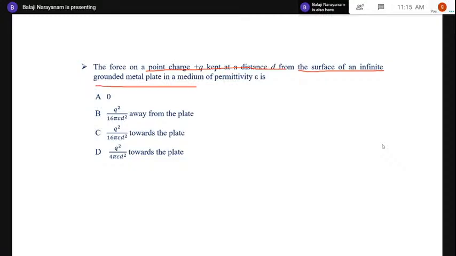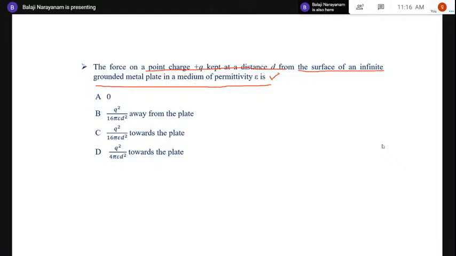an infinite grounded metal plate in a medium of permittivity epsilon is. So it seems to be a very simple question, but do remember this is an in-depth question and this needs the thorough understanding of boundary conditions, and also an important new concept called method of image is required to solve such problem.